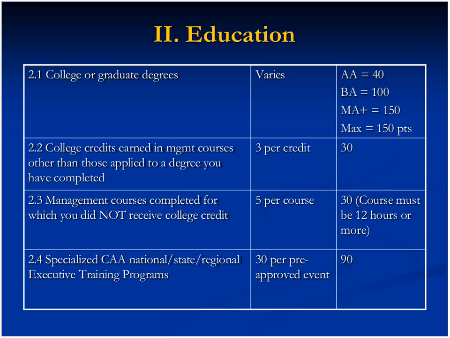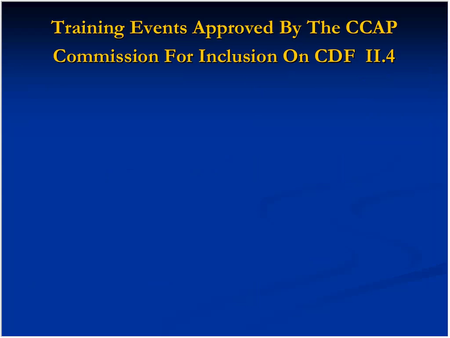And the fourth section is for specialized community action, national, state, or regional executive training programs. Now that references very specific training programs that have been sponsored by national and regional associations and organizations to educate community action professionals in a comprehensive way around community action management skills.